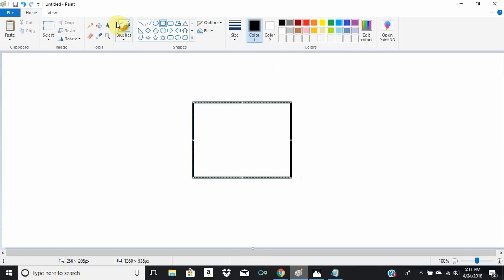What you do with the rotation tessellation is, once you have a shape, say, look at this, you would take this shape and put it on the other side by rotating it like this. So you would basically have something looking more or less like this. I can't make it perfect, but that's an example of rotation tessellation.